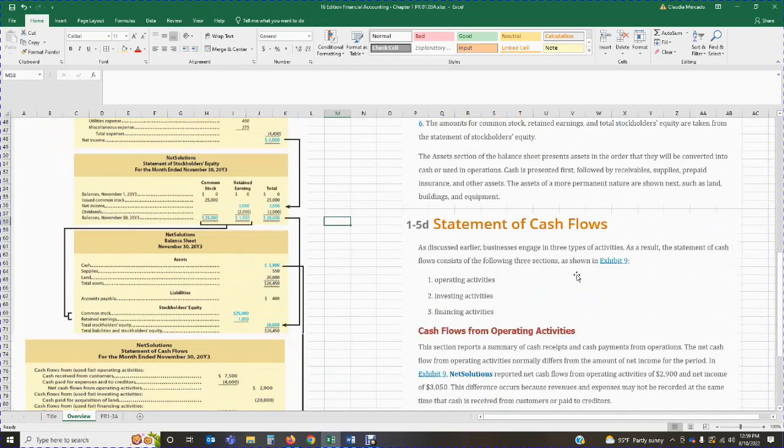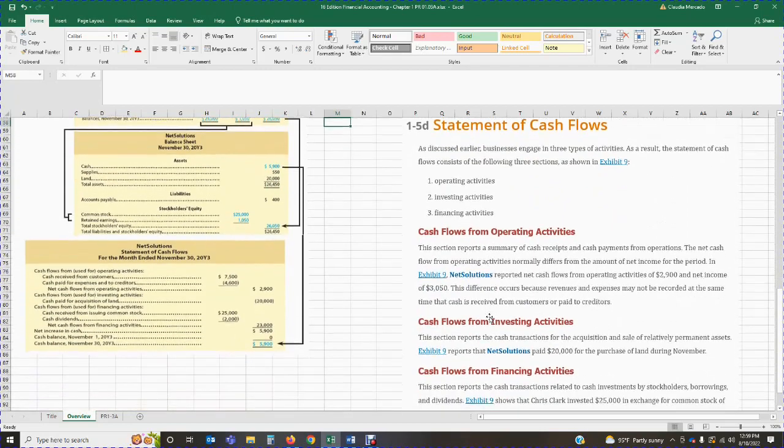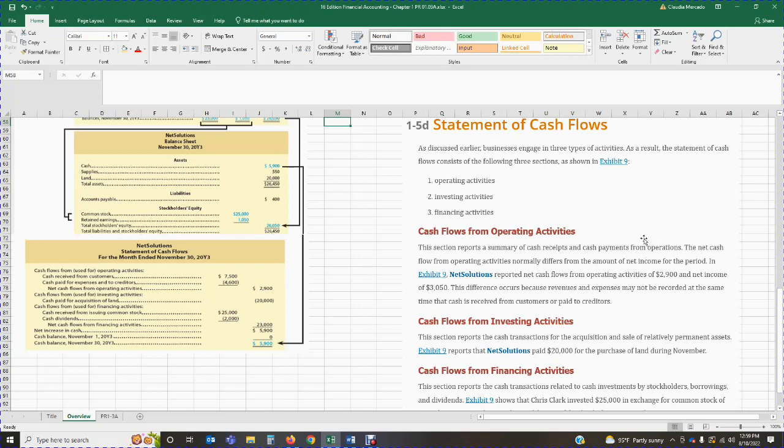And then we have the statement of cash flows. Basically, the statement of cash flows engages three types of activities that affect cash: operating activities, investing activities, and financing activities. Under the operating activities section, it reports a summary of cash receipts and cash payments from operations. That is the key.